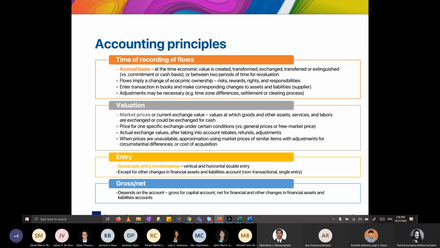The turning point, when you record the transaction as already happening between your residents and non-residents, is when there is a change of economic ownership. That is, the asset, whether capital or financial, switches hands from a non-resident to a resident, or the opposite, from a resident to a non-resident. When that happens, the full risks, rewards, rights, and responsibilities of holding that asset accrue to the new owner.